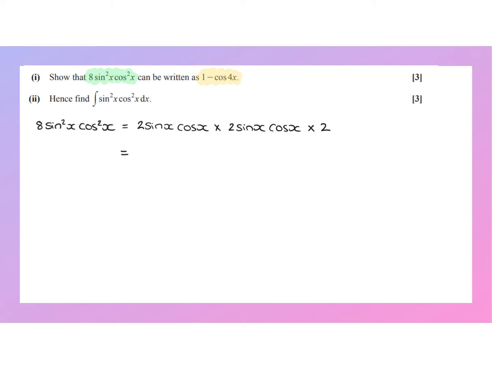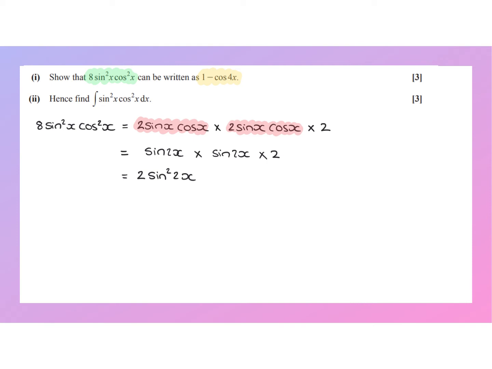Now, let's take a look at this. 2 sine x cos x, which appears twice, can be rewritten as sine 2x using a double angle formula. So that is sine 2x multiplied by sine 2x multiplied by 2. So far I have 2 sine squared 2x.